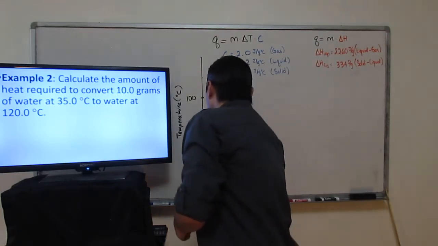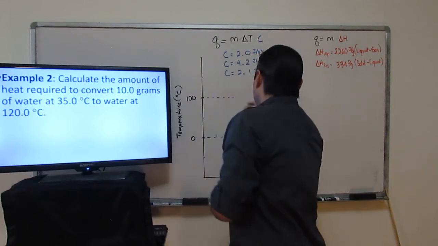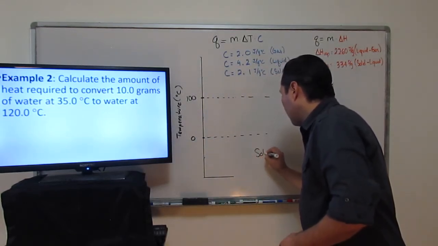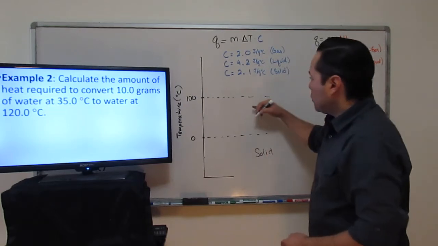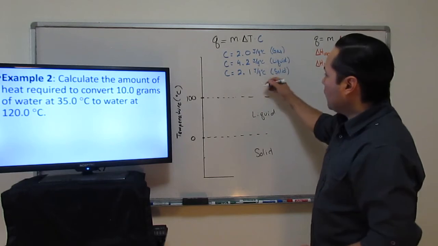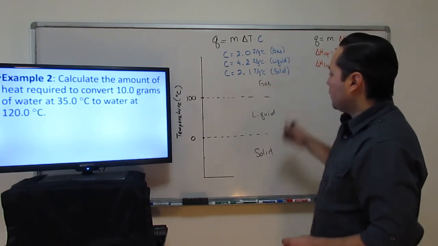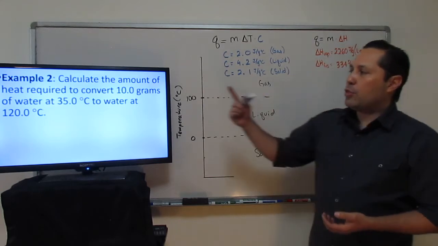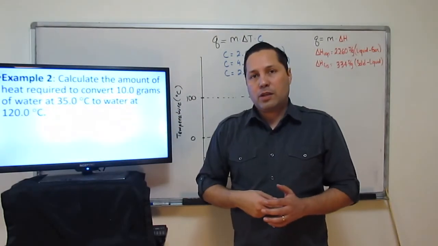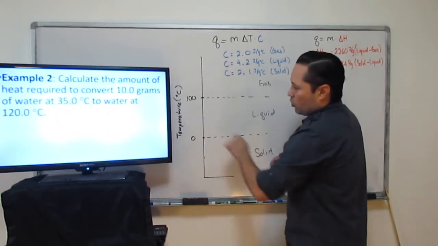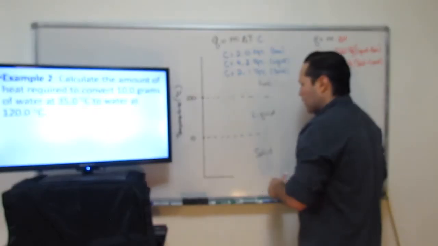All right, so in this graph, below 0 is the solid, between 0 and 100 is liquid, and above that is the gas phase. When we do the graph, we begin at 35 degrees Celsius, so we start above 0 and below 100, somewhere around here. Again, this is a rough graph.